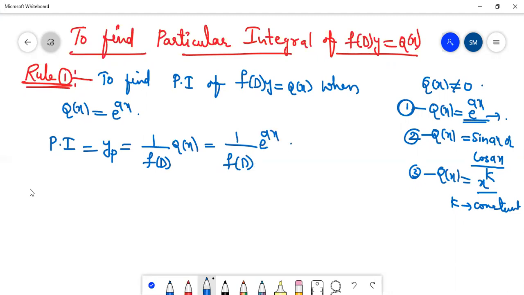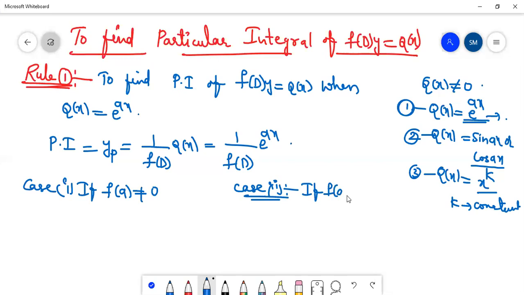In this two cases are there, case 1 and case 2. If f of a is not equal to 0, and in the second case, if f of a is equal to 0. If f of a is not equal to 0, then the particular integral is yp equal to 1 by f of a into e power ax only.